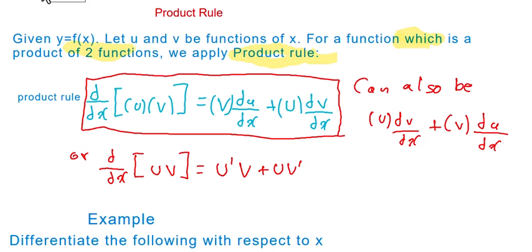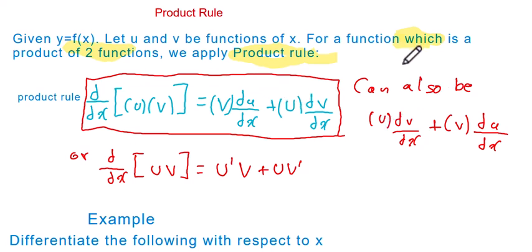The formula for the product law is: the differentiation of uv is equal to v, then du dx, so you differentiate the function u with respect to x, plus the function u times the differentiation of the function v with respect to x.